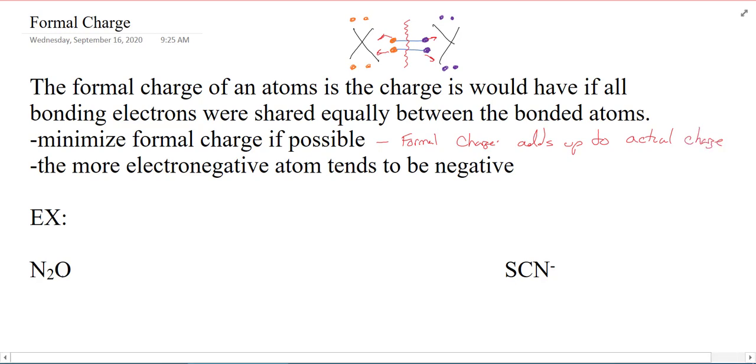So like N2O, nitrous oxide, the charges will add up to 0. For SCN, they'll add up to -1. The more electronegative atom tends to be negative. That's not always the case. It's not an absolute. However, it tends to be negative.